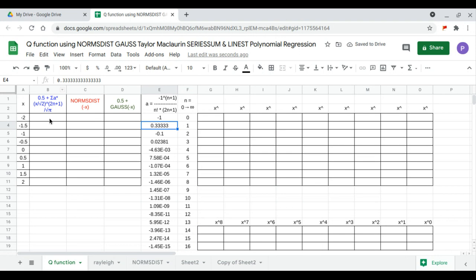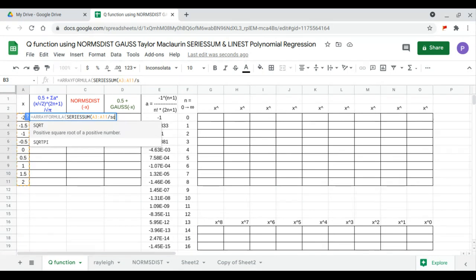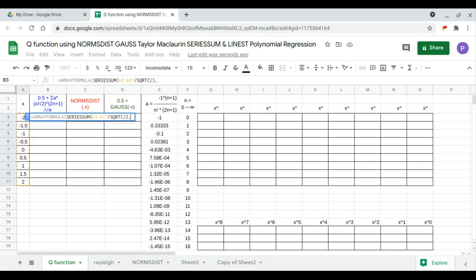Now we can complete the Taylor-Maclaurin series sum expansion of the Q function. So our formula, series sum of the x values, x values raised all over square root of 2, raised to the power 2n plus 1, where 2n plus 1 starts from 2 times 0 plus 1, that's 1, followed by 2 times 1 plus 1, 3.